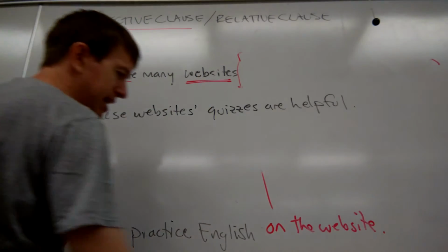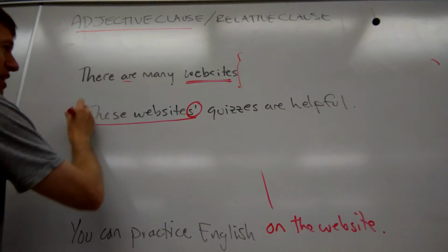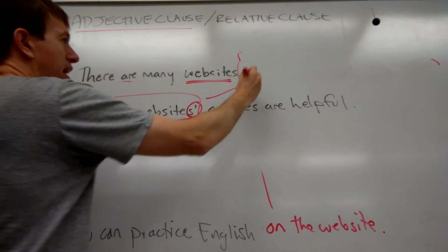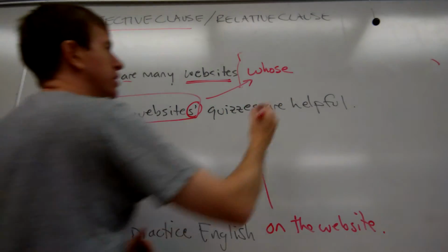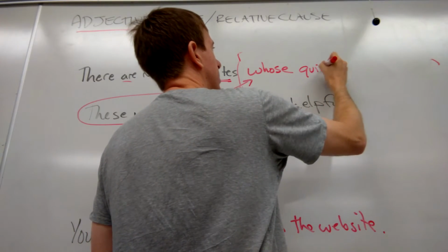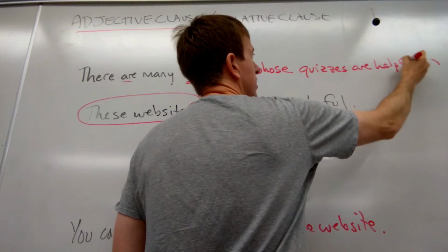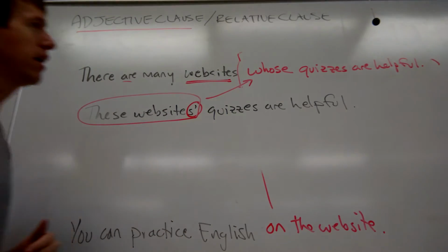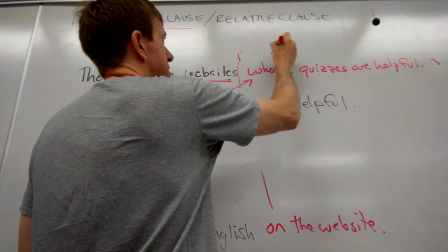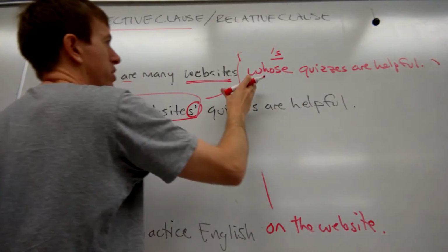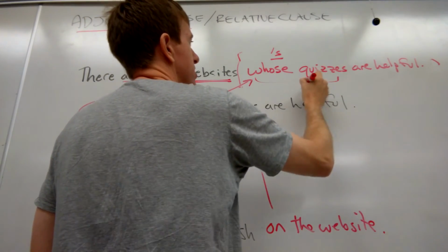So when you're replacing, you want to capture the possessive here. That's when you're going to use whose. So whose quizzes are helpful. Okay? So here, this whole thing is basically standing for the website's quizzes are helpful. So here's our subject.